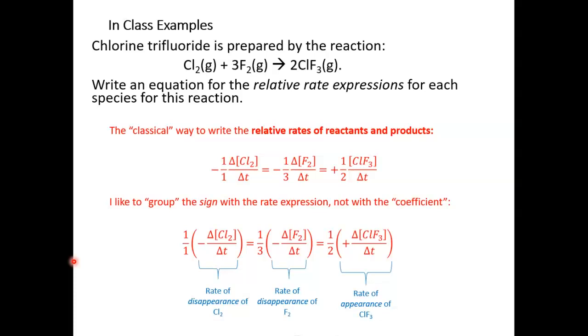Number 2, I gave you a reaction. 2A, very simple. 2A forms B. And then I gave you some time and concentration data. See what you can calculate there. Let's figure out the average rate.